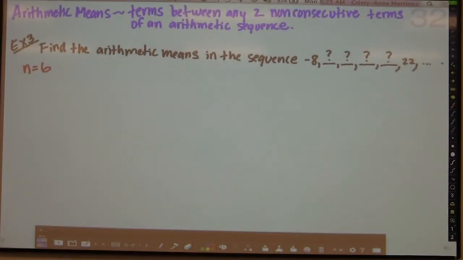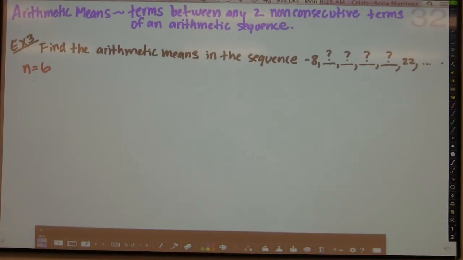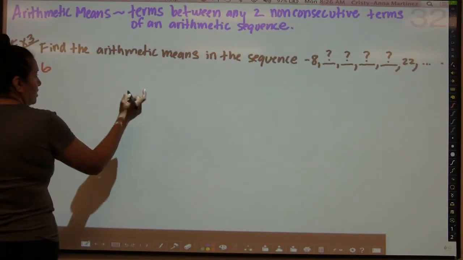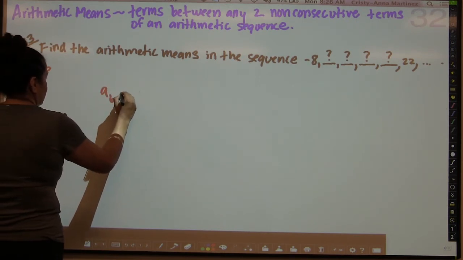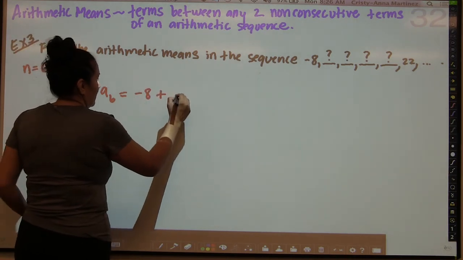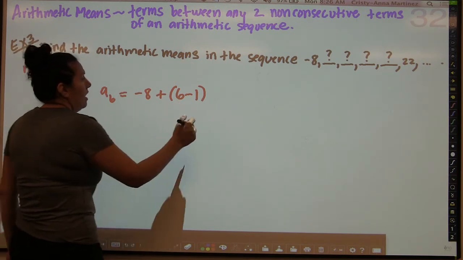So what we're going to do is use our formula to help us find the value of d. We're going to use one of the terms that we already have, for example 22, and find our d value. 22 is going to be the 6th term because n is 6, so we're going to say a sub 6 is equal to a sub 1, which we know is negative 8, plus n minus 1, so n is 6, remember, times d.